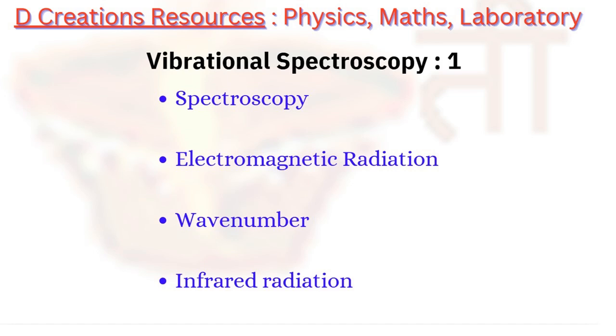Then, depending on what wavelength or frequency of the radiation that corresponds to, there would be transitions between different kinds of energy states which are induced in the molecules of the sample. So when you say that it is interacting with matter or with the sample, basically it is interacting with the molecules in the sample, right? And molecules of course consist of atoms. So that is the core interaction that is happening.